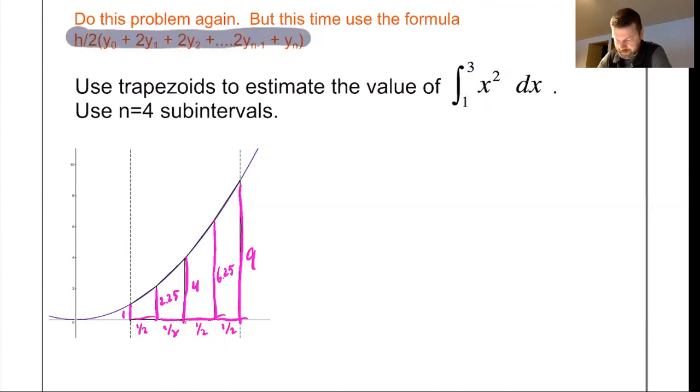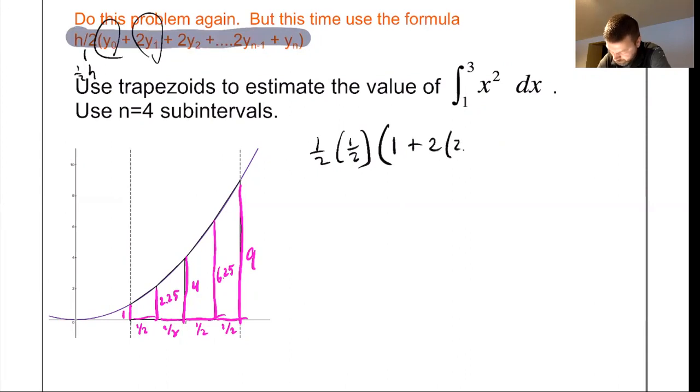In this case, it's h over 2. So 1/2 over 2. Or if you prefer, 1/2 times 1/2, right? Because some people prefer this, some people prefer that as 1/2 h. That's fine. 1/2 times 1/2, same thing. Times the first one is 1, plus 2 times the second one, etc., all the way up to the last one, but I only have one of those, not the 2.